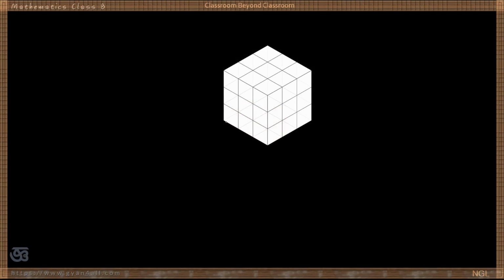You can understand with this example. This is the length side, this is the breadth side, and this is the height. So 1, 2 and 3, there are 3 cubes along the length. Similarly 1, 2 and 3 cubes along the breadth, and 1, 2 and 3 cubes along the height, and each cube is of 1 cubic unit, and there are 27 such cubes.